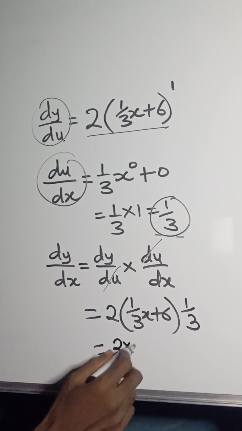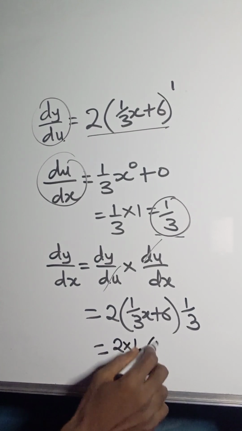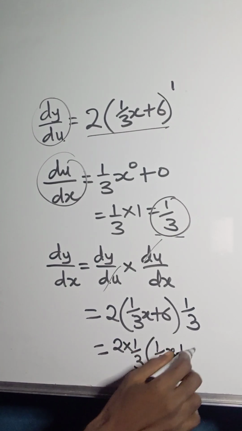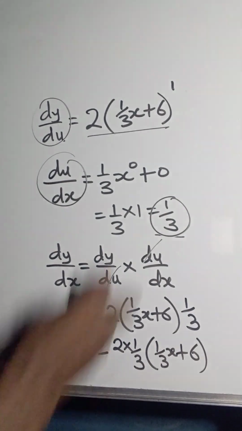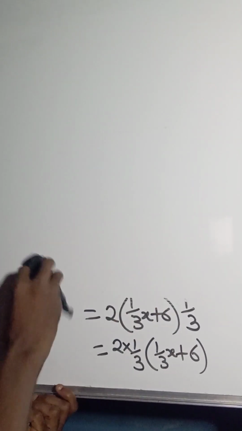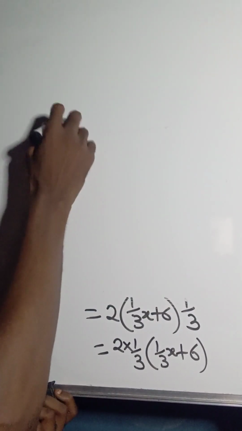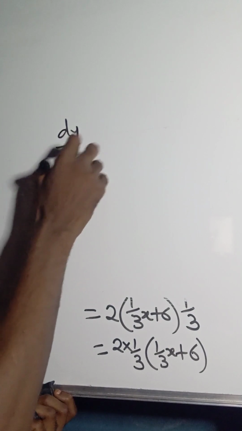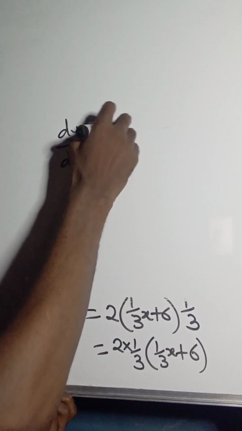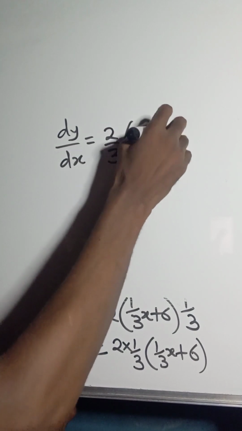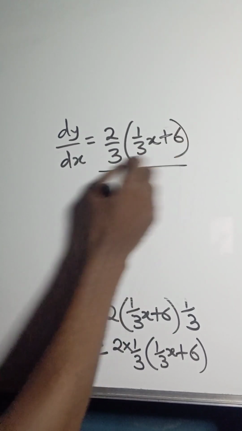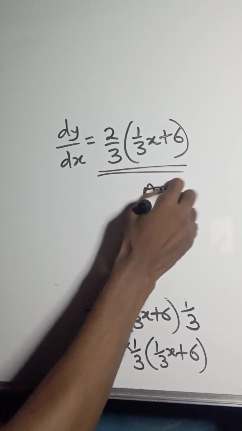So 2 times 1/3 into 1/3 x plus 6. That will finally give us dy over dx equals 2 over 3 into 1/3 x plus 6. So this gives us our final answer to this problem.